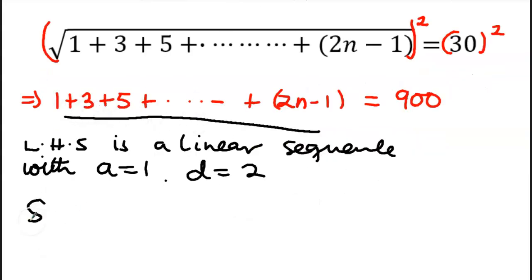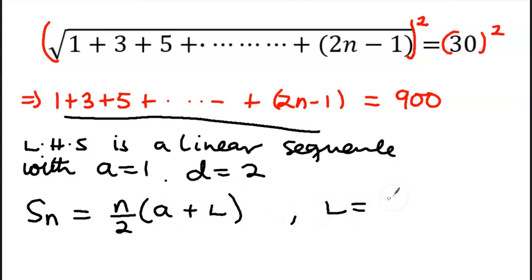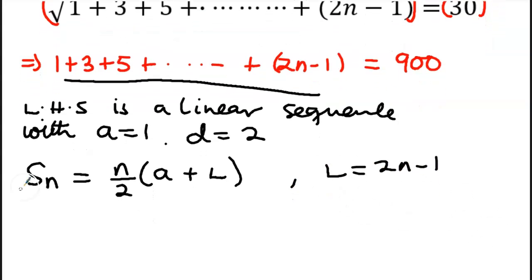The sum of the first n terms is given by n over 2 times a plus l, where a is the first term and l is the last term. We are fortunate, the last term is 2n minus 1. So we just have to substitute.